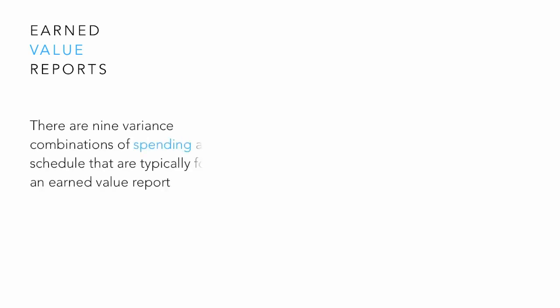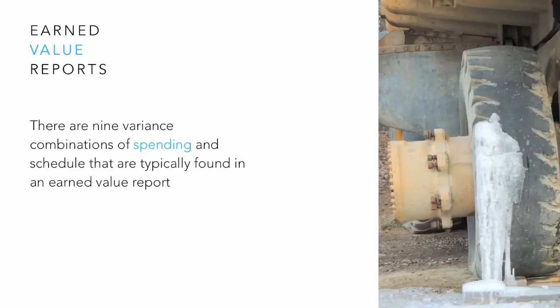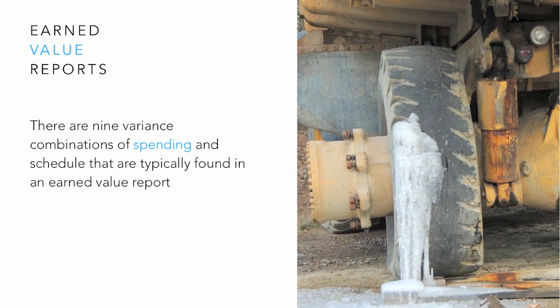There are 9 variance combinations of spending: on budget, over and under, and schedule: on time, ahead, behind, that are typically found in an earned value report. Any of these variances require careful cause analysis before you implement corrective action plans.